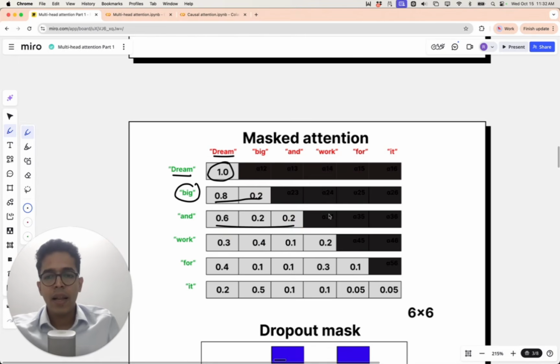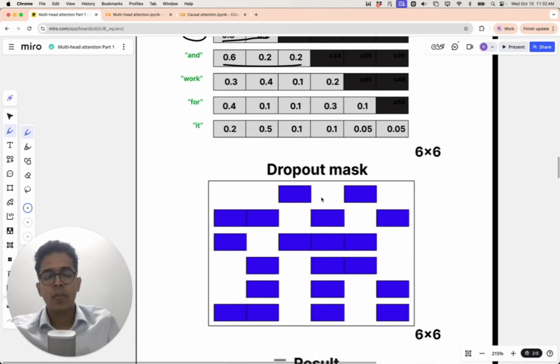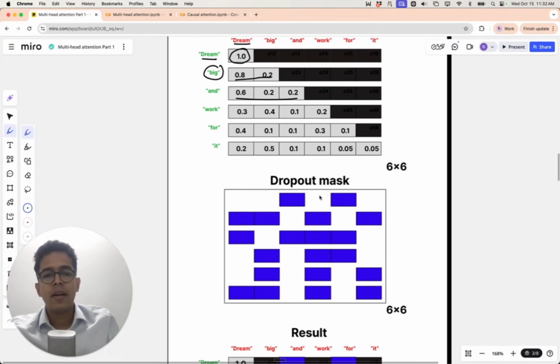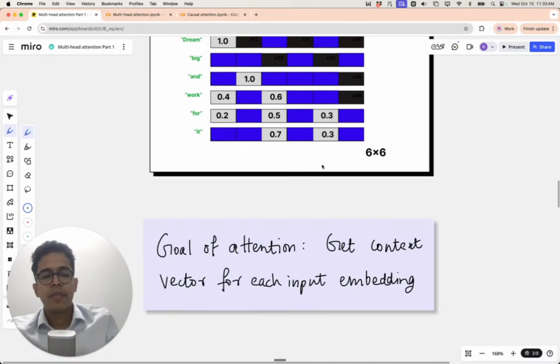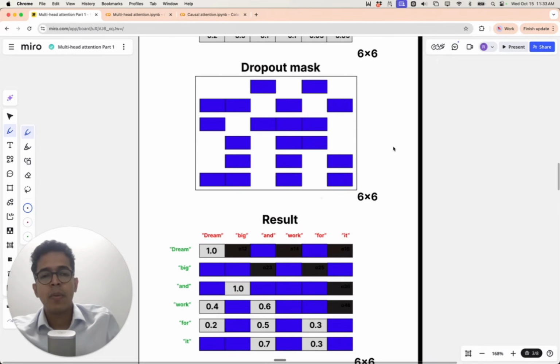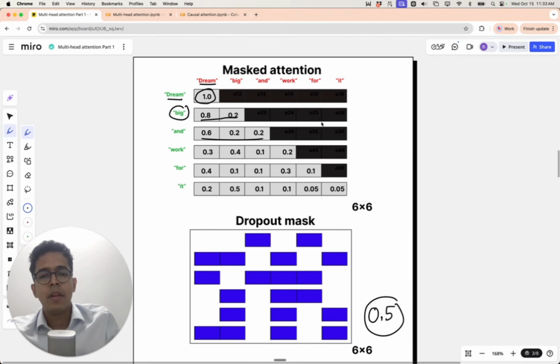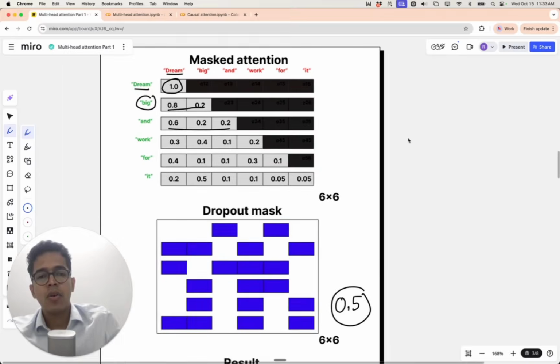Then at the end of the last lecture, we discussed a dropout mask, which drops out these attention weights randomly at a certain probability. If we are dropping out at 0.5, let's say half of these items are masked, then the remaining numbers will be scaled by a factor of 1 by 1 minus p.